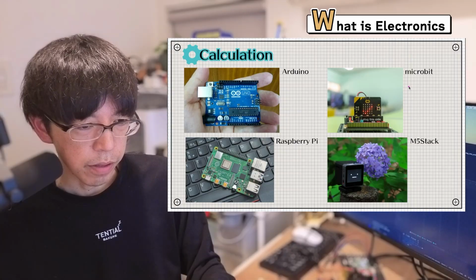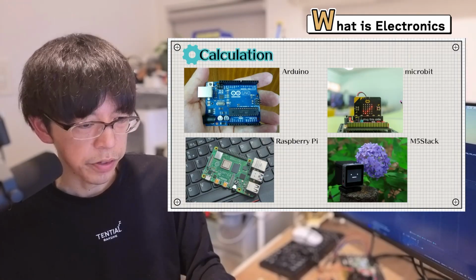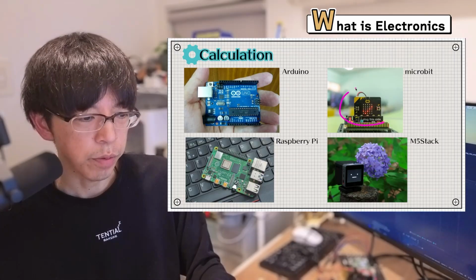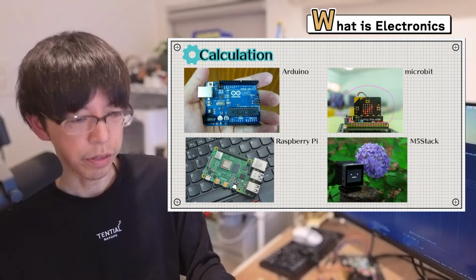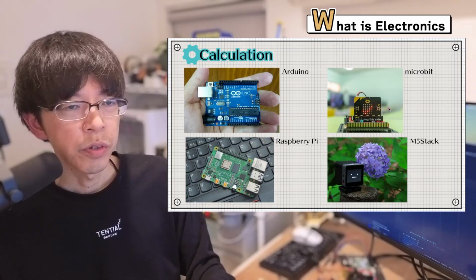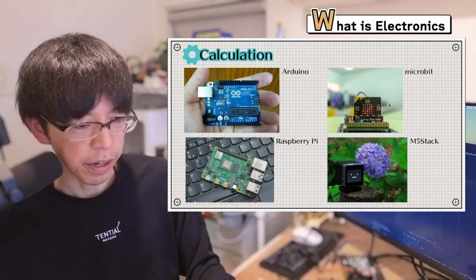In micro:bit development, we can use block programming components like Lego blocks. That is a very easy way, especially for beginners.